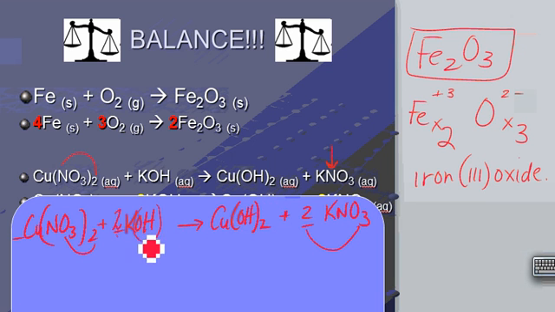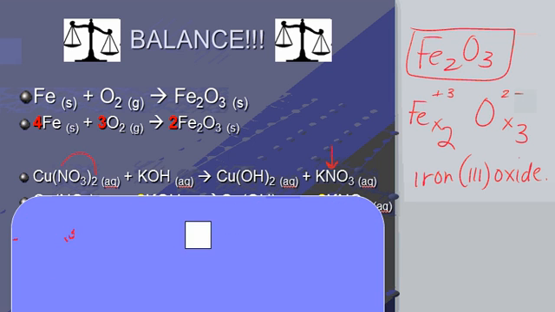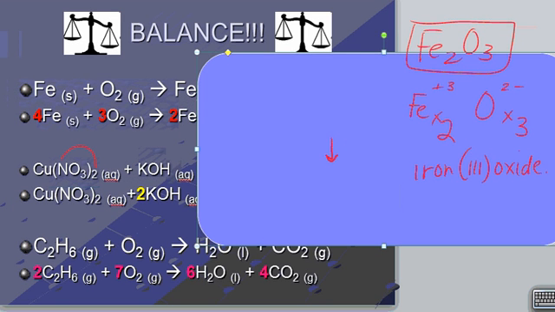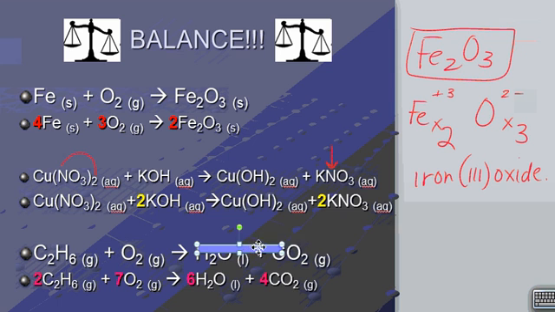You can count the oxygens all together, it will still balance out, or sometimes you can just count the polyatomic ions and that works as well. So if we get rid of this, we can see Cu(NO3)2, we have 2, 1, 2.